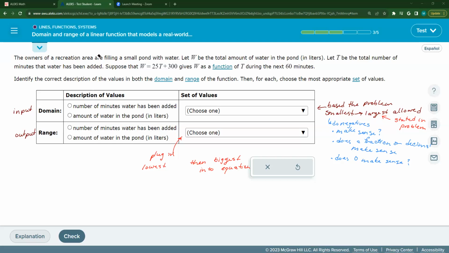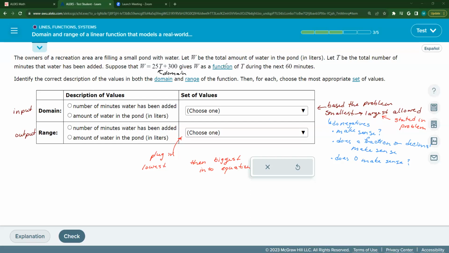Let T be the total number of minutes that water has been added. Suppose that W equals 25T plus 300, where W is a function of T for the next 60 minutes. All right, so when I'm looking at this, the T is in the equation and it is what W is the function of. So T is domain.